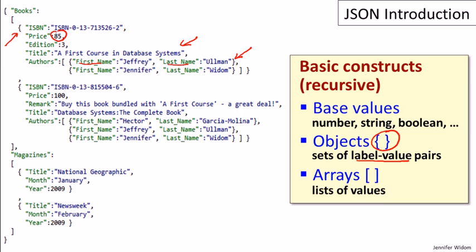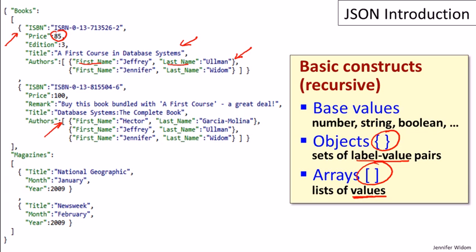The second type of composite value in JSON is arrays, and arrays are enclosed in square brackets with commas between the array elements. Actually, we had commas in the objects as well. And arrays are lists of values. For example, we can see here that authors is a list of author objects. Now, I mentioned that the constructs are recursive. Specifically, the values inside arrays can be anything.